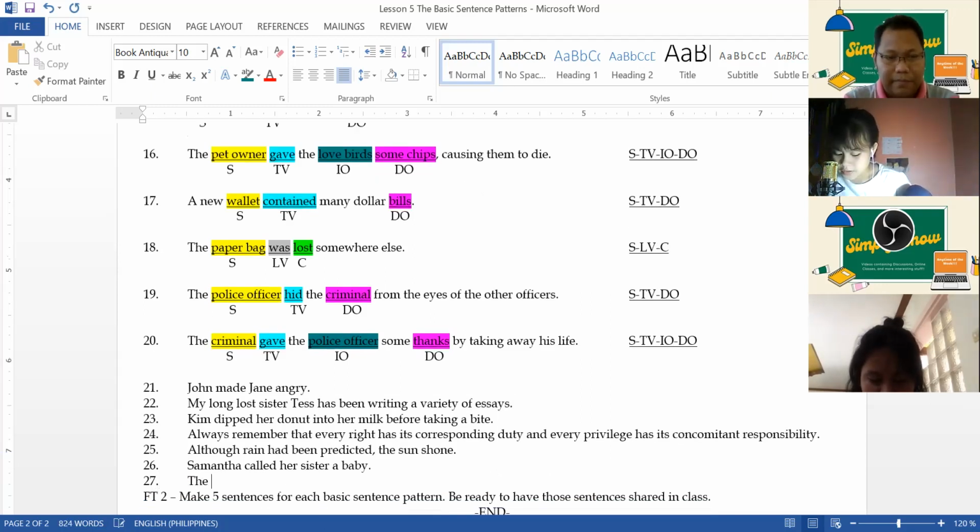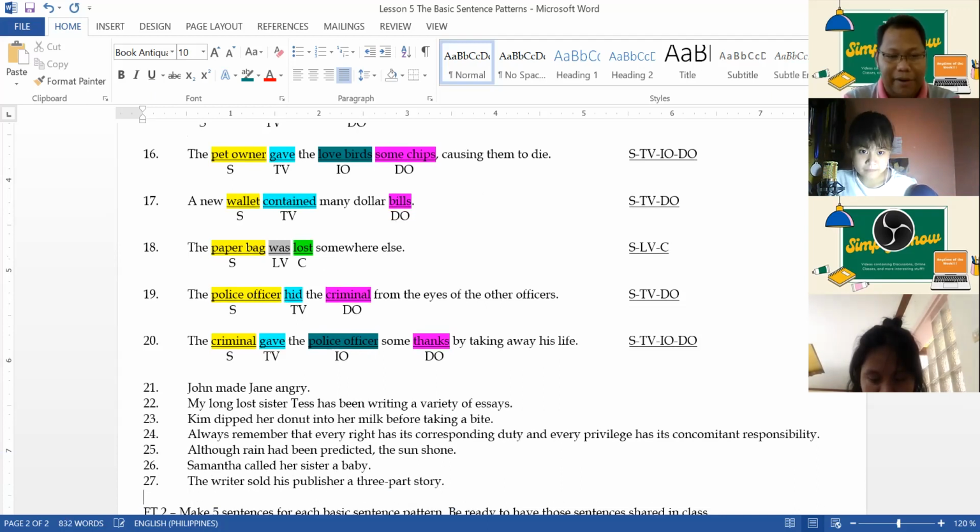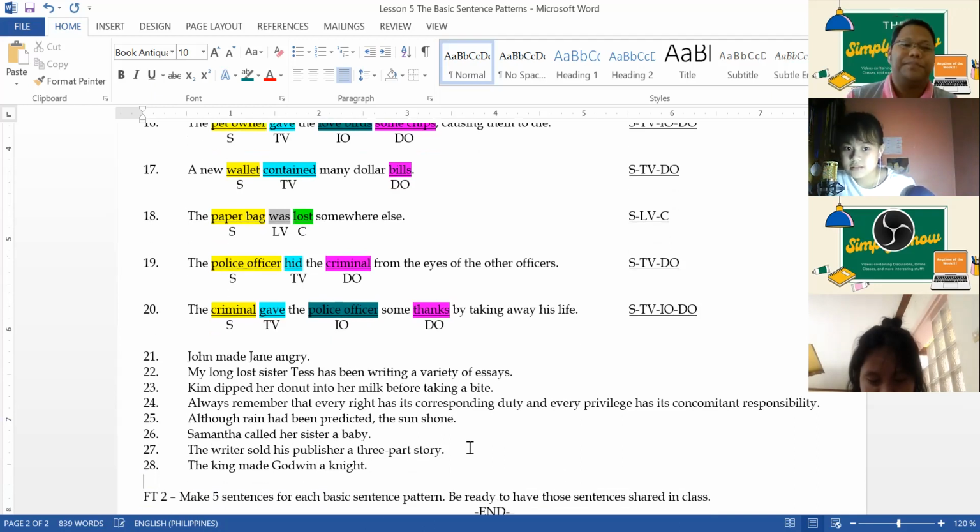The writer sold his publisher a 3-part story. Last number, 28. The king made Godwin a knight.